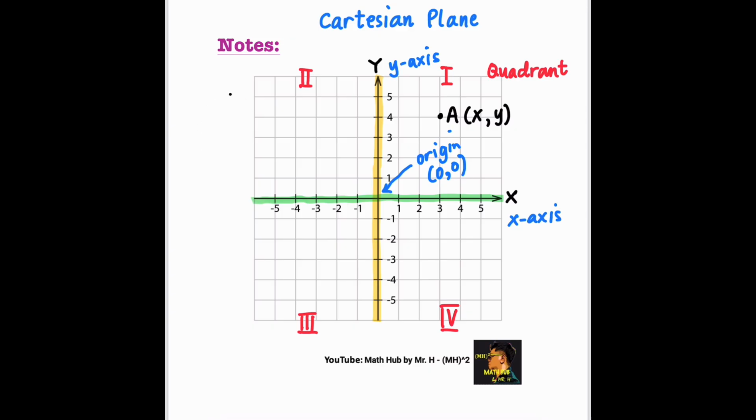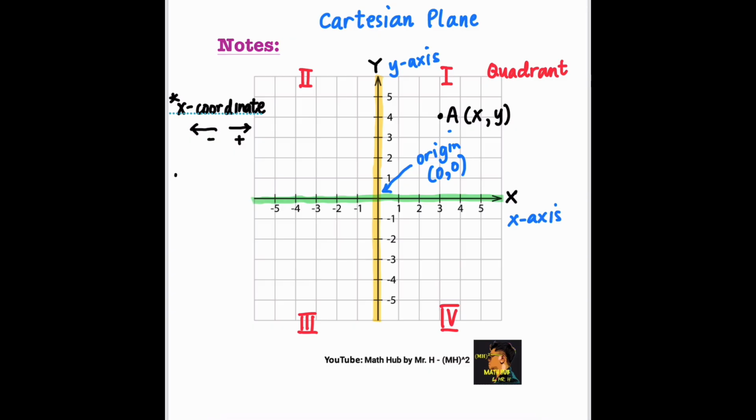Alright, let me write something here. So for the x-coordinate, on the other hand, the y-coordinate is the second number. Definitely for the y-coordinate, you'll be looking at the y-axis.